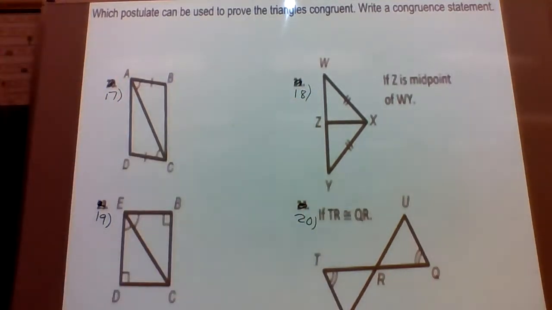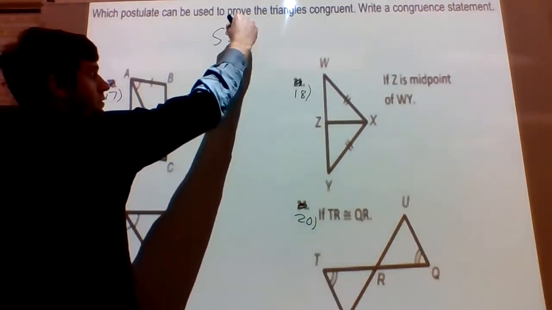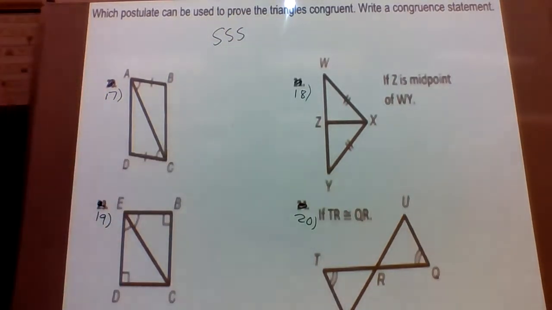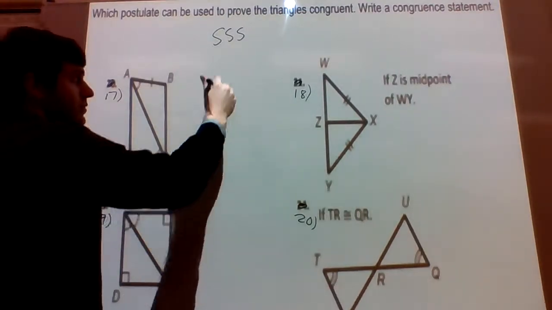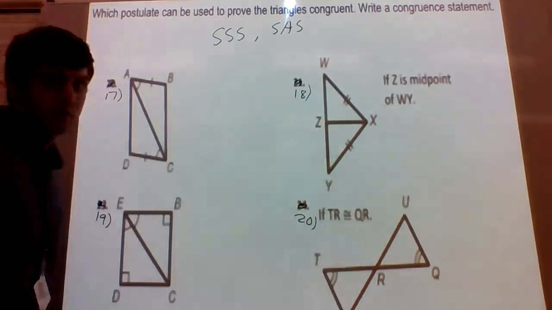We want to, which postulate can be used to prove the triangles are congruent? Write a congruent statement. So our 5 postulates we can use are side, side, side. If we have 3 pairs of congruent sides, then we know our triangles are congruent. Side, angle, side.